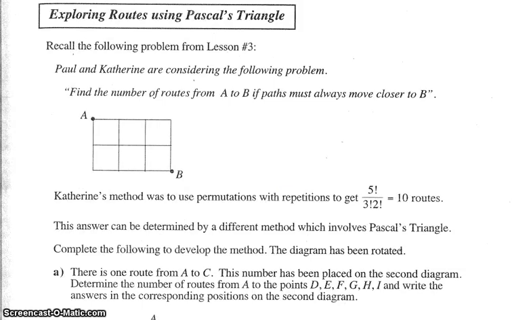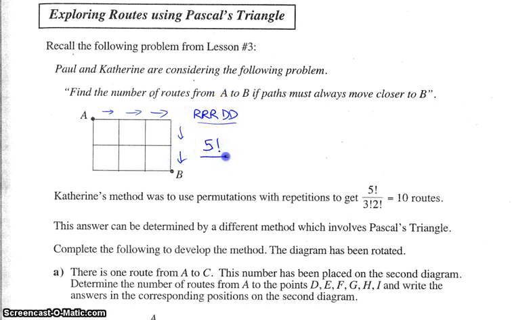So we have previously done finding these different routes in a previous lesson in this unit where we had 6 blocks and Paul and Catherine were trying to get from point A to point B. Catherine had used the fact that we'd have to go 3 blocks to the right, so right, right, right, and then 2 blocks down, so DD, which means it's like a 5-letter word.